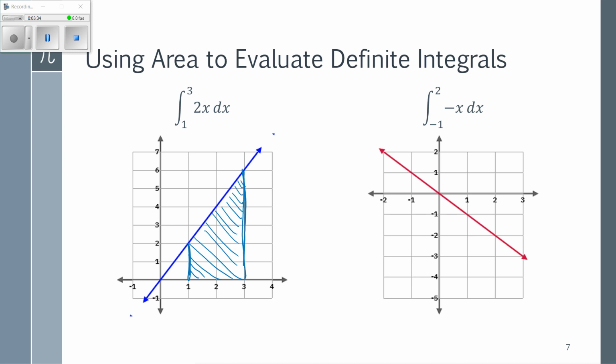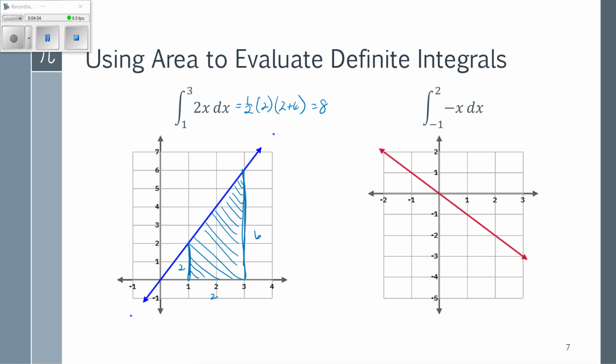Well, you can see that as either a rectangle combined with a triangle, or I see it as a trapezoid. Area of a trapezoid is 1/2 its height, which is the distance between the parallel sides, so the height of 2, times the length of each base. So here the height was 2, this base is 2, and this base is 6. And so I get the definite integral is 8.